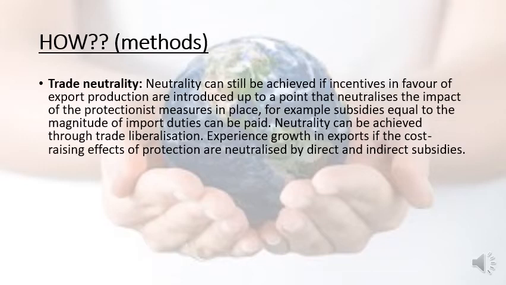So let's say we want to export to England and there's a business there that is receiving a subsidy from the English government, then our government has a look at giving the South African business a subsidy which is equal to what the English government is giving that business so that the English business as well as the South African business can compete in terms of prices. Their prices will be equal.